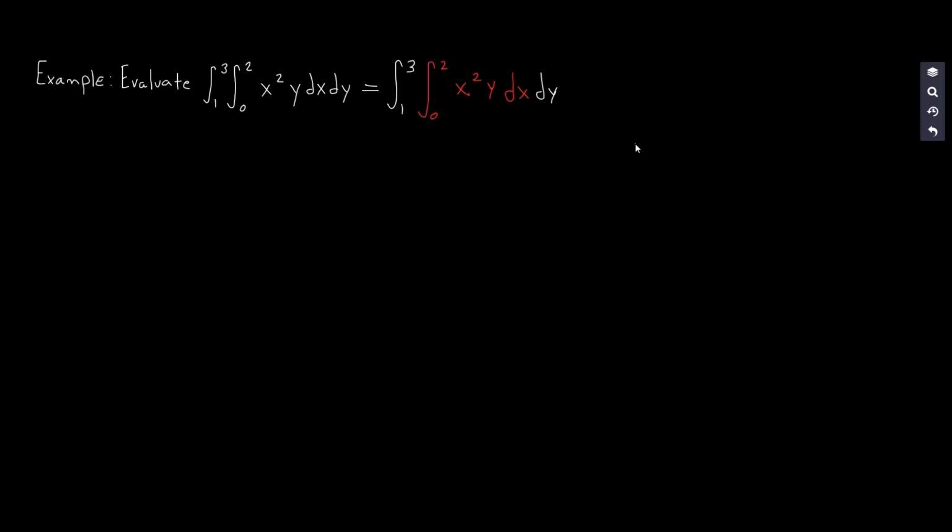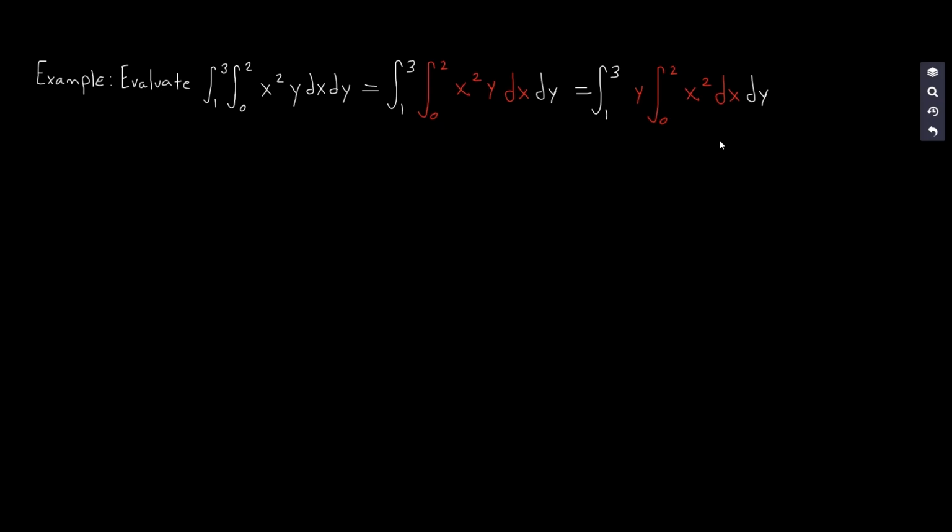Because this is integration with respect to x, y gets treated as a constant. So I really can just factor that out. So I'm going to take that y and pull it out. Okay, and now I'm going to evaluate the integral of x squared integration with respect to x.